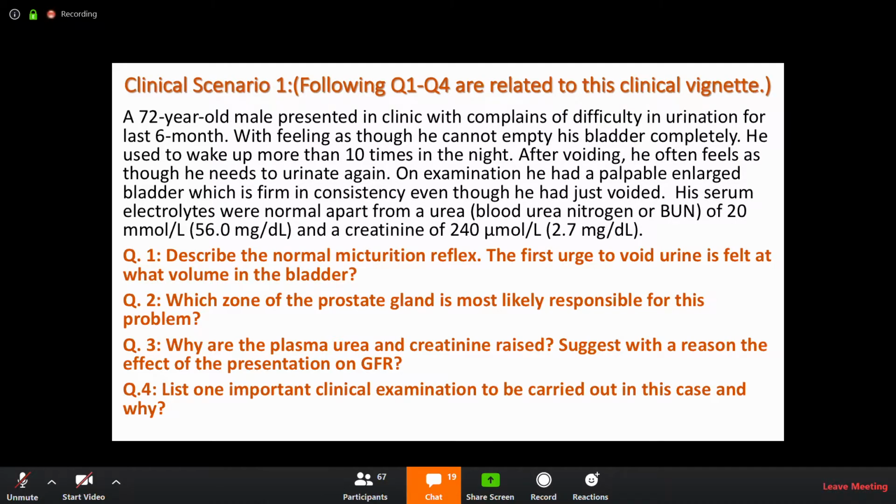So way number 1. The first way is glomerular filtration rate is equal to your KF value, in other words, your filtration coefficient, multiplied by your ultrafiltration pressure. Okay, and your ultrafiltration pressure is your hydrostatic pressure, your oncotic pressure, and so on and so forth. So that's one way to get glomerular filtration rate.